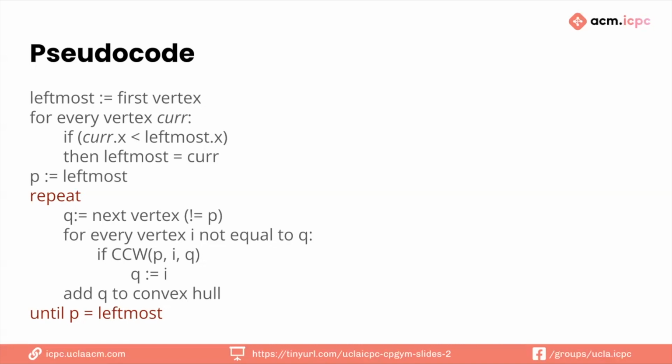You find the leftmost point, and then until you get to that point again, you find the next point in the convex hull Q. I guess I forgot to set P to Q. So after here, you add Q to the convex hull, and then you set P to Q. So P is always the previous point. You set it to the Q, and then you just repeat the algorithm that we just discussed over and over again. We go through all points, find the rightmost, add it to the convex hull, and do it again and again.